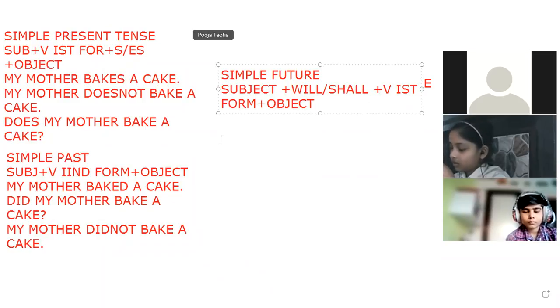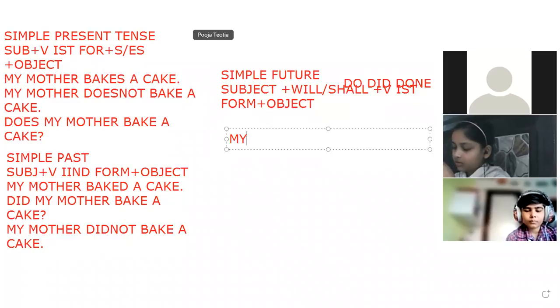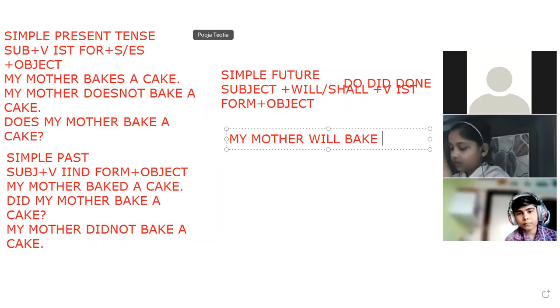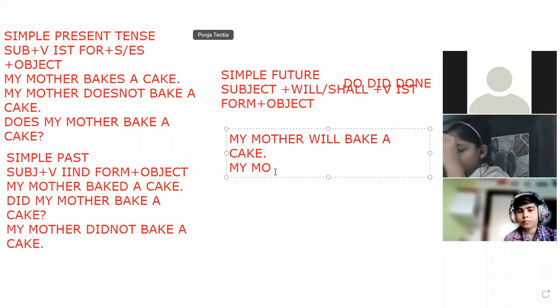So the same sentence will change into simple future. My mother will bake a cake. If I change it into negative, my mother will not bake a cake, or you can also write won't.